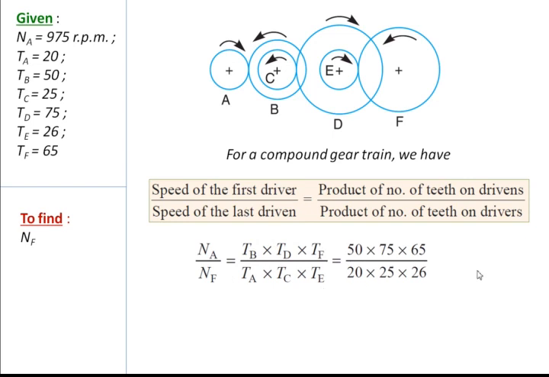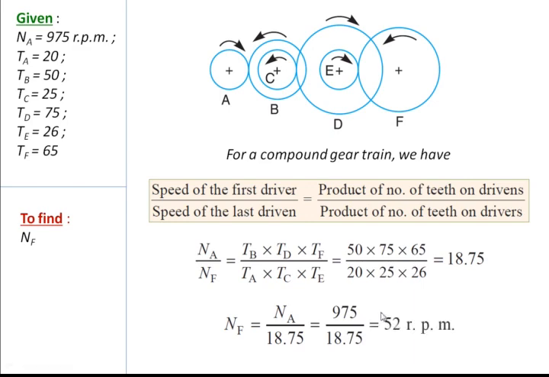We can substitute that. We get the ratio as 18.75, or we can say speed of F equal to speed of A divided by 18.75. So it will be 52 rpm. That is the solution of the problem number 1.